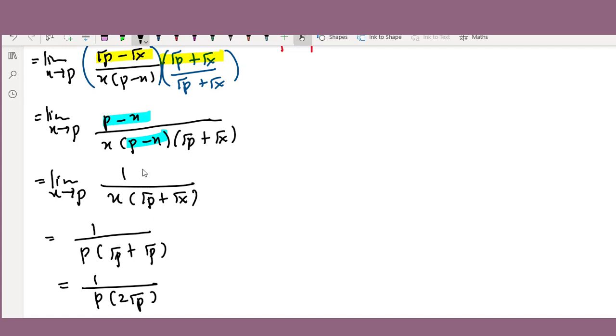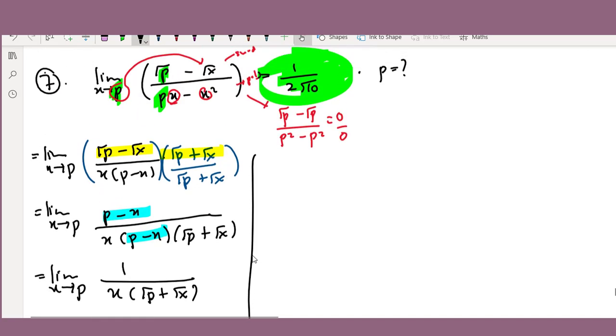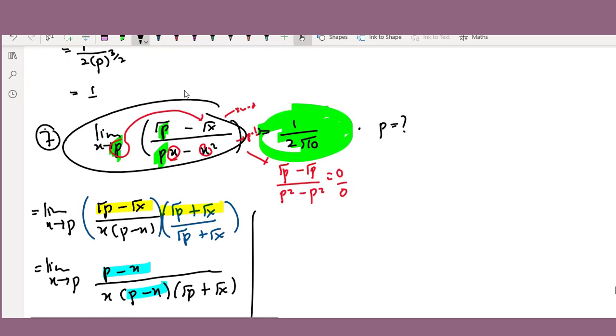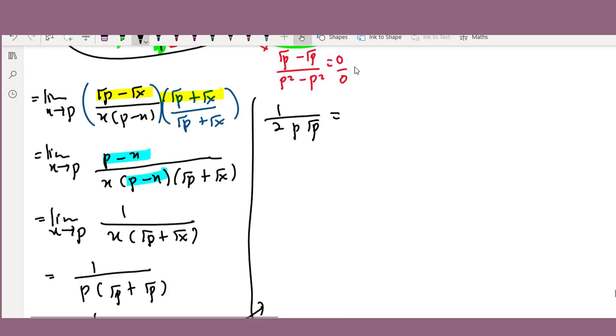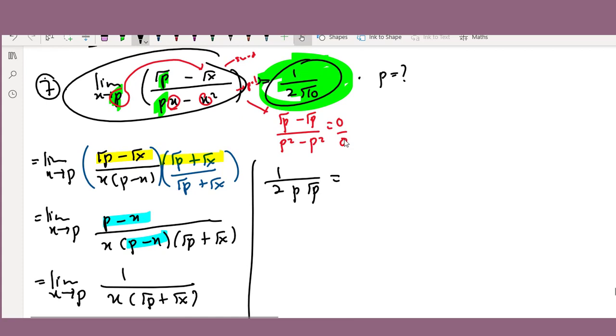Then the limit on the left hand side is equal to 1 over 2p cube root of p, and on the right hand side is equal to 1 over 2 cube root of 10.